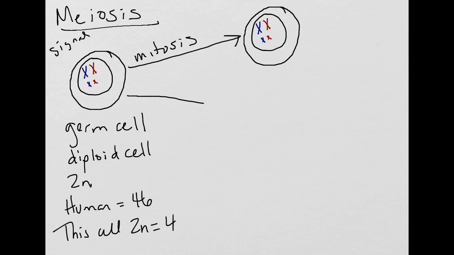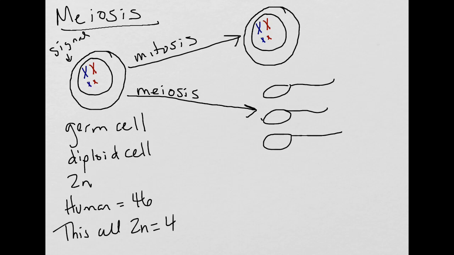This cell could also get a signal that would tell it to go through meiosis. And in meiosis, this cell is going to split into 4 haploid cells. I'm going to draw them as little sperm here. These will each have the N number of chromosomes, which when this is all said and done will be 2.